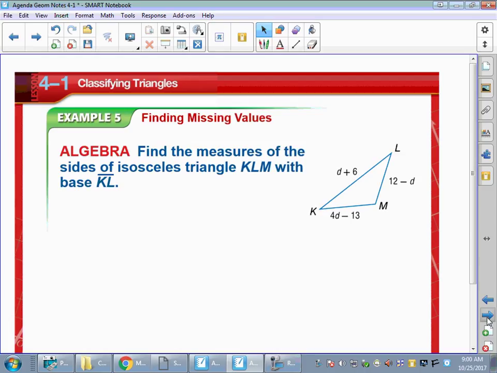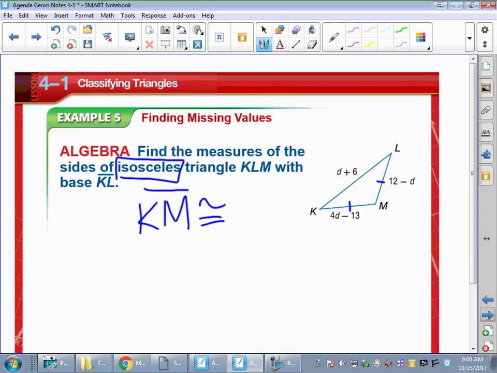The base angles are formed by a leg and a base. The base is actually KL, which means that's the oddball in this isosceles. Isosceles has two congruent sides, which means that KM and LM are congruent. If you can figure that out, you've got yourself your setup for your equation.